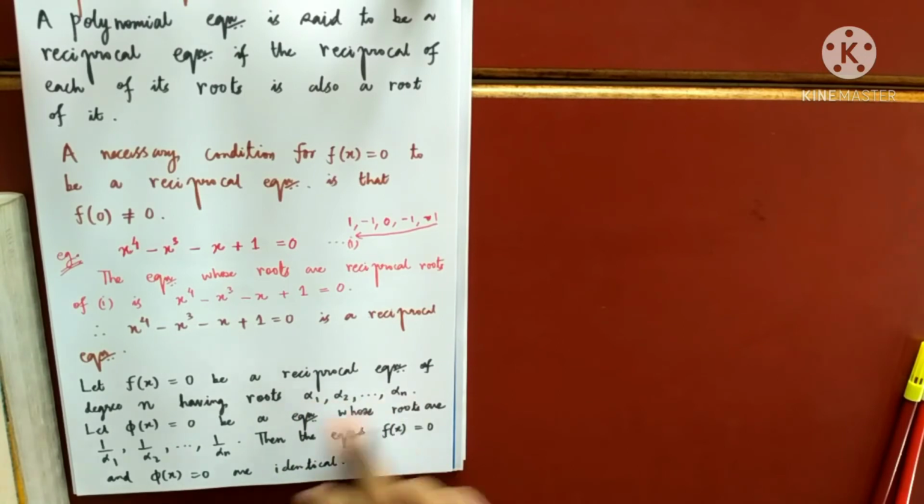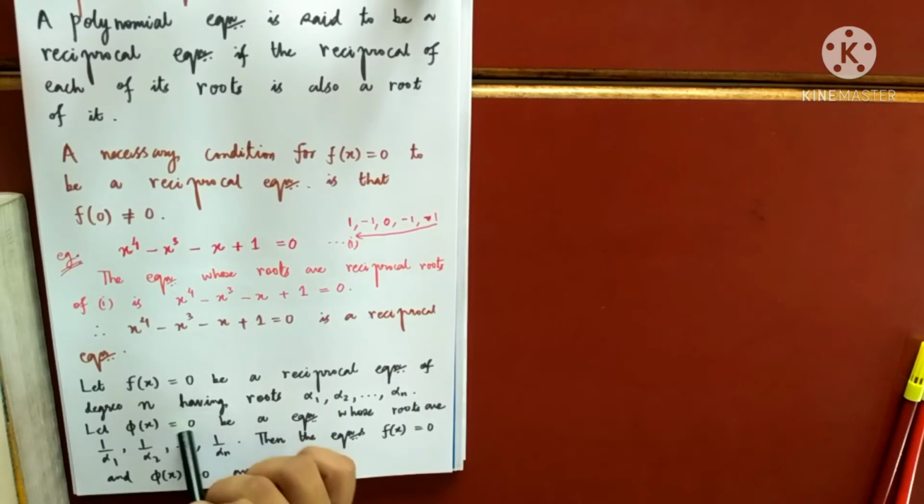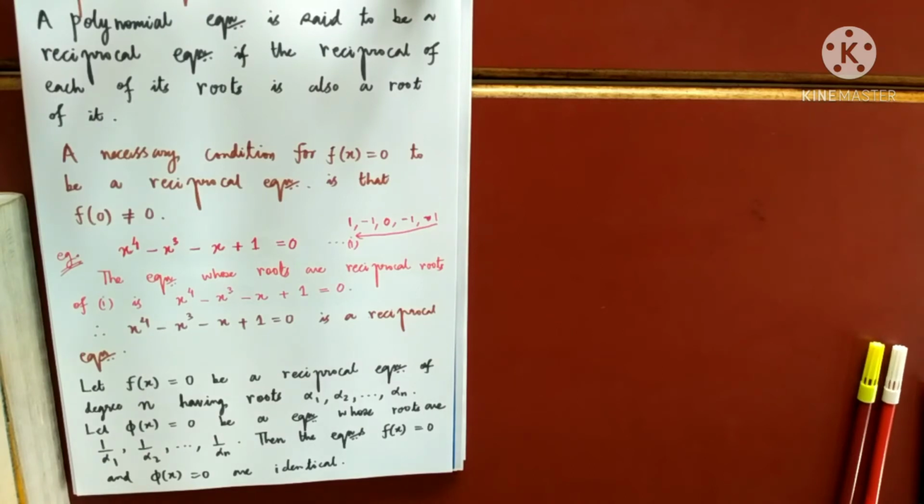So if this equation has roots alpha 1 to alpha n, and this has the roots 1 by alpha 1, 1 by alpha 2, ... 1 by alpha n, then this and this reciprocal one must be identical. Okay, so let's see what can be done more, or what can be said more.